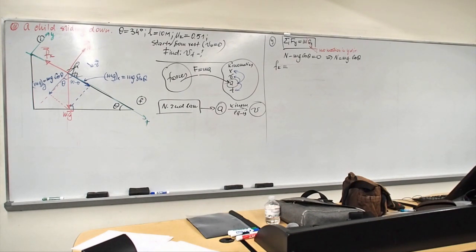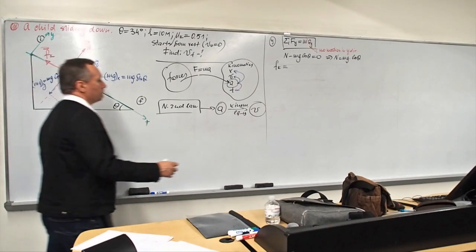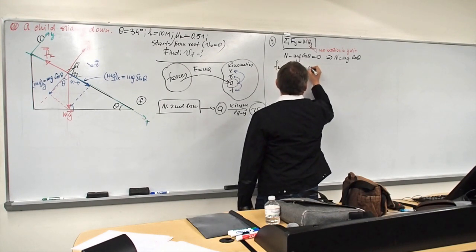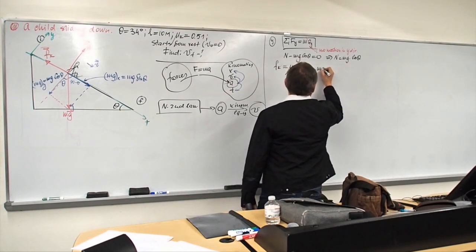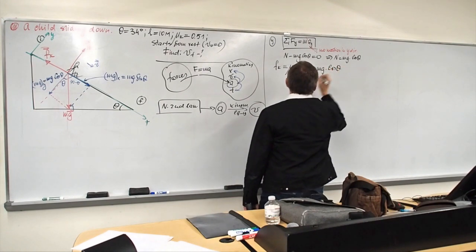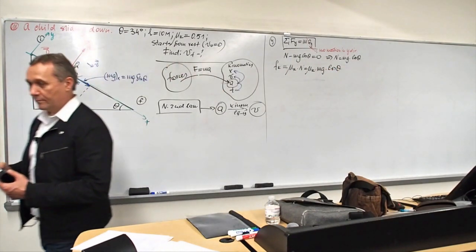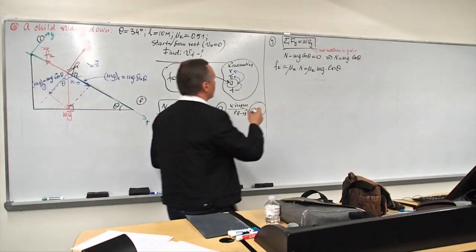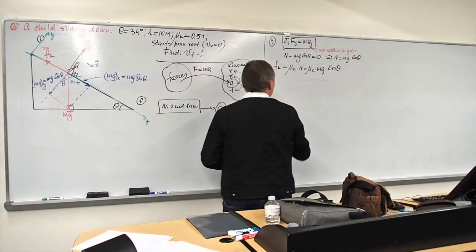Here it's mu k times N, so mu k times mg cosine theta. Good? All right, so now to the x direction.